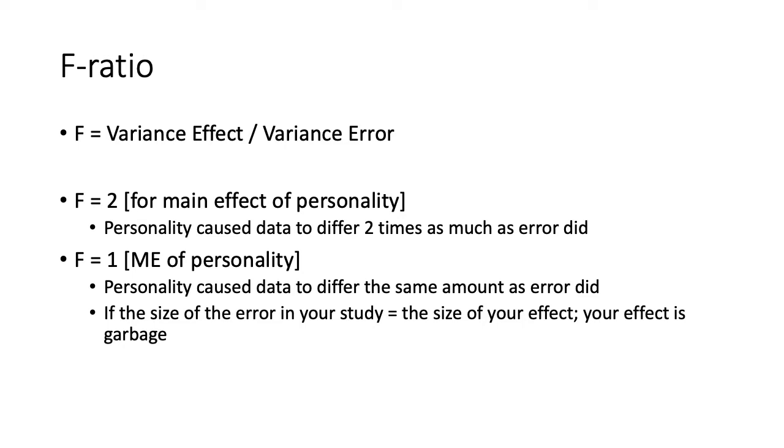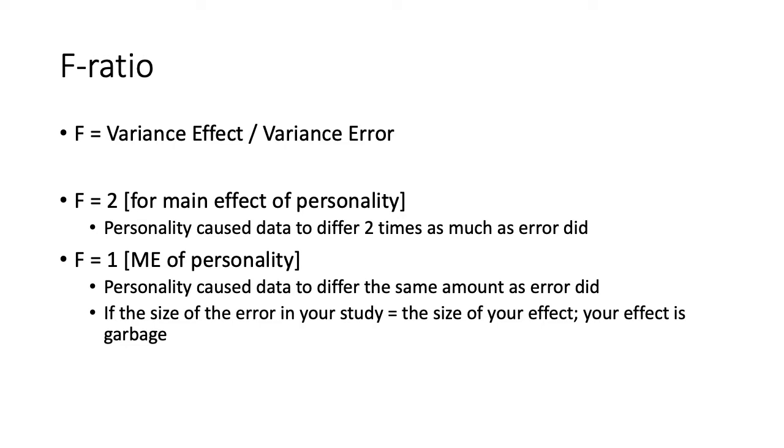Now, I want to talk about the case where your F ratio equals 1. That means that the variance of your effect is equal to the variance of error. This is not good. In science, we want error to be minimized. If the variance of your effect is equal to the variance of your error in your study, how do we know that the variance of your effect matters or isn't due to error itself, right?